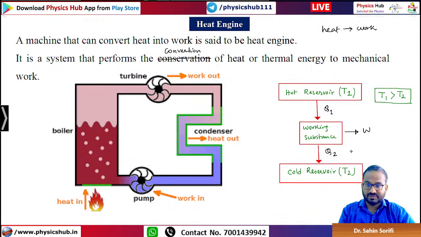So, from the equivalence, you can say Q1 is utilized in two ways: Q2 plus W. From here you can see, and hence we get the effective work done to be equal to Q1 minus Q2.